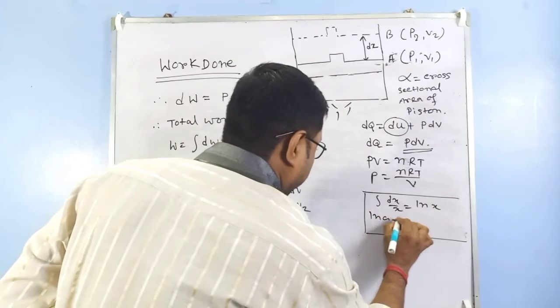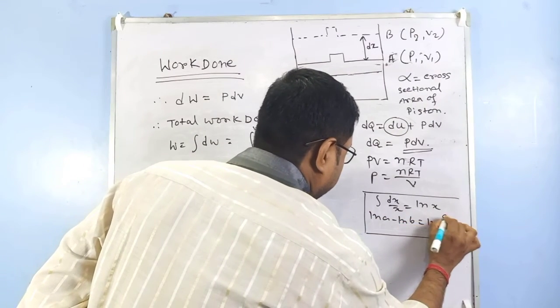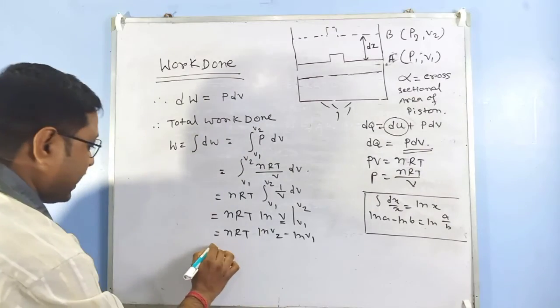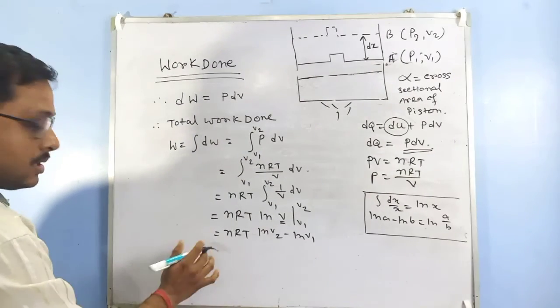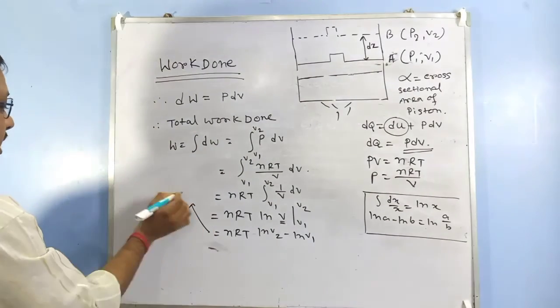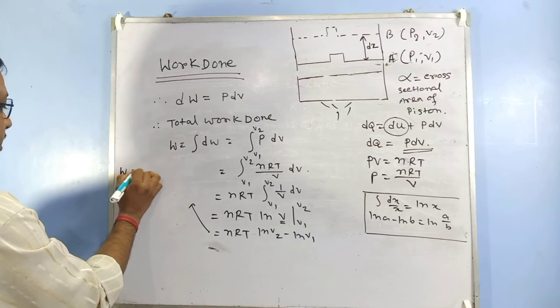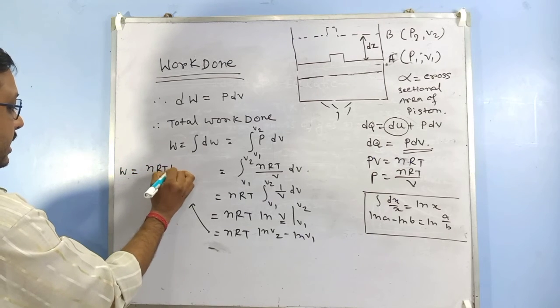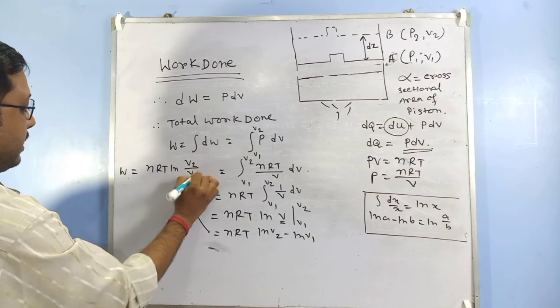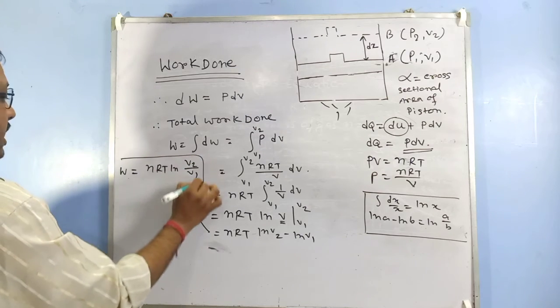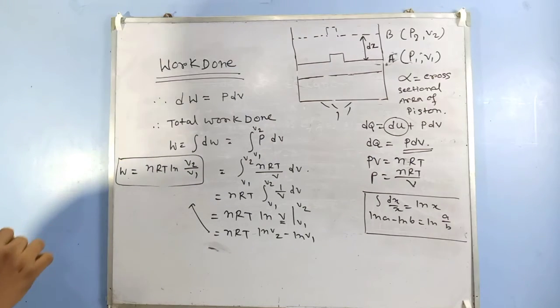Now ln A minus ln B is equal to ln A by B. So the final expression is nRT ln V2 by V1. This is the total work done during an isothermal process.